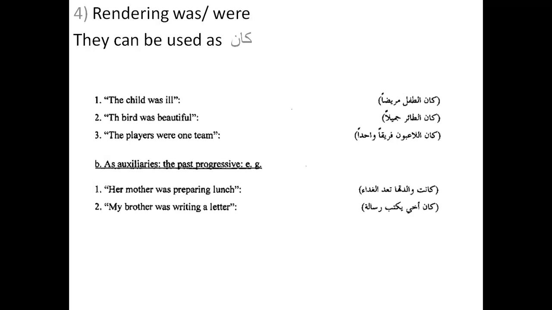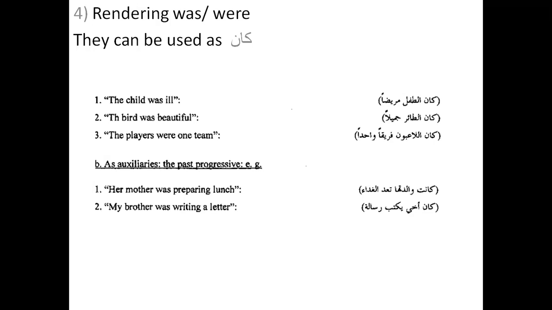كان in Arabic denotes the past simple tense, and so we use كان to render was or were, and in this way we keep the same structure of the sentences. The past simple in English is rendered into the past simple in Arabic by using kana.